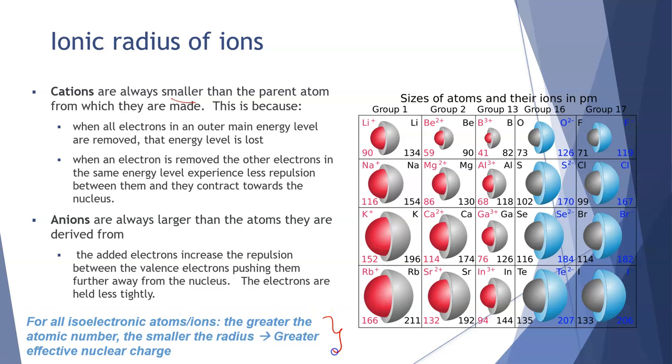It's also important to remember this term, isoelectronic. These are atoms or ions that share the same electron configuration. Okay, so things that are isoelectronic can have different radii depending on whether or not they are negative ions or positive ions or the neutral atom.